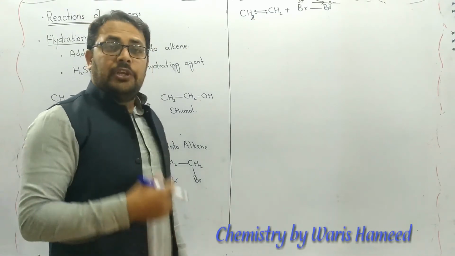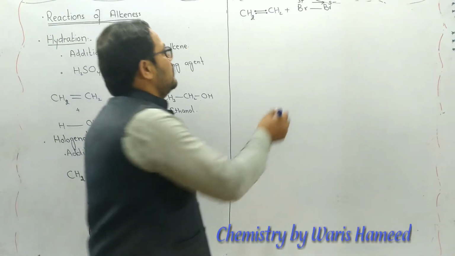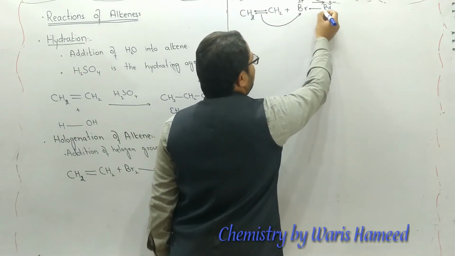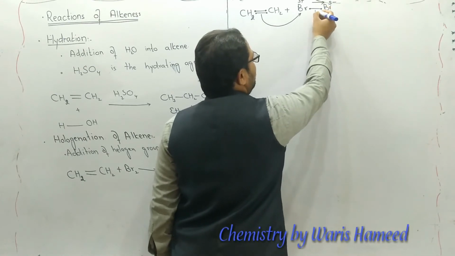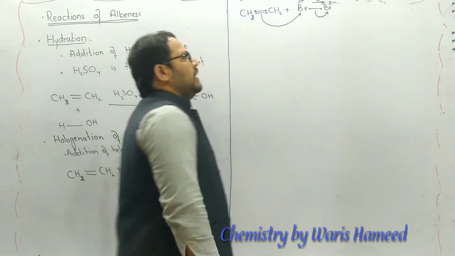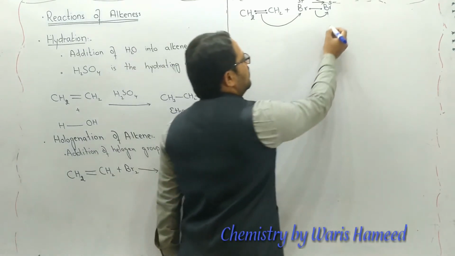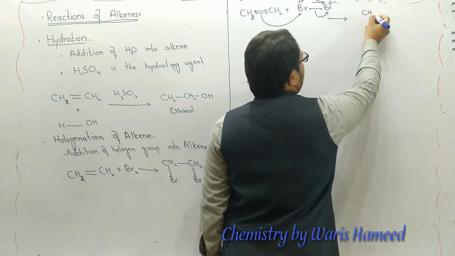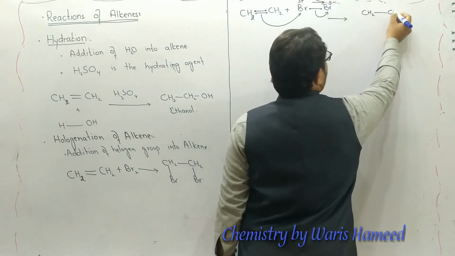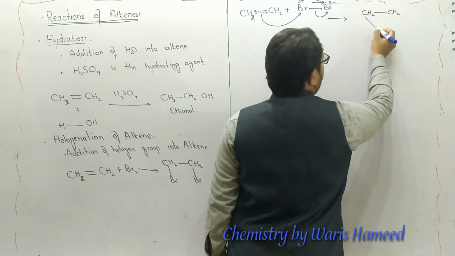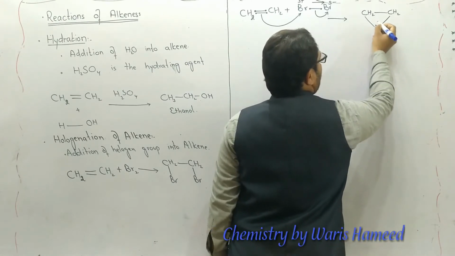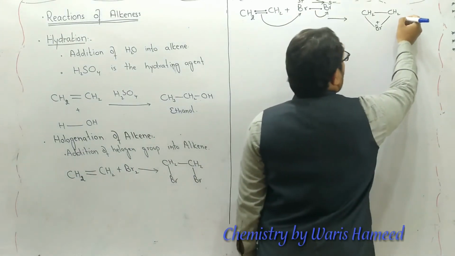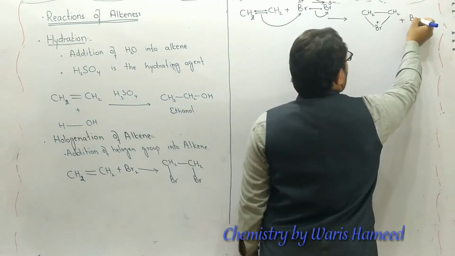They are actually nucleophiles, nucleus loving. So this pi bond will attack on this bromine and this bond pair will move toward bromine. It will form a bromonium ion, CH2 single bond CH2, and here is Br having a positive charge, and one Br negative will leave.